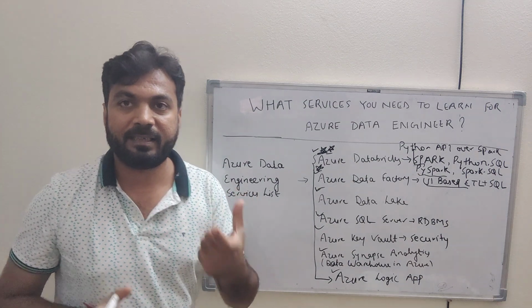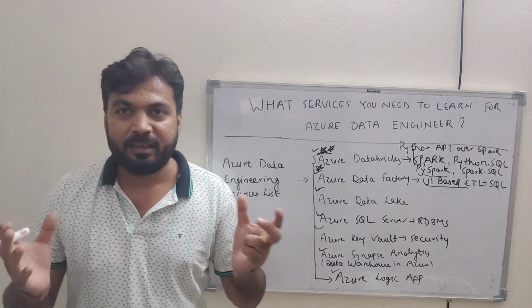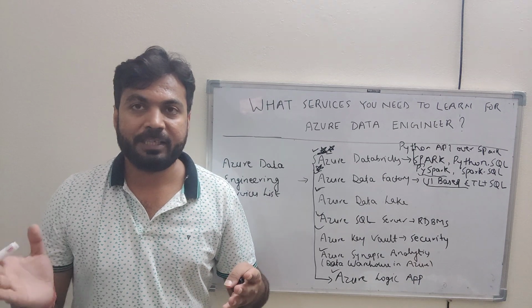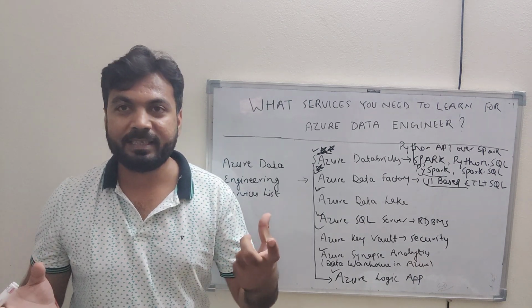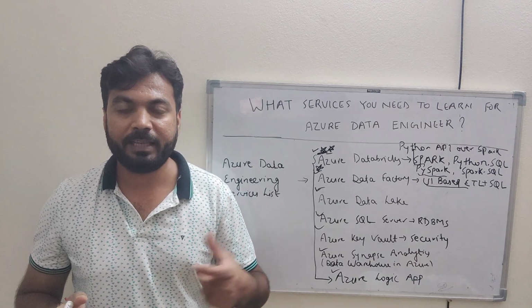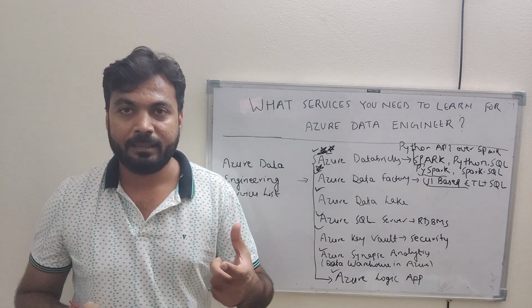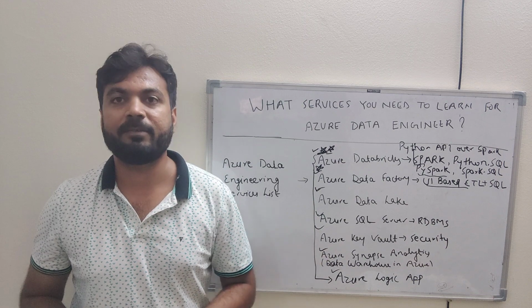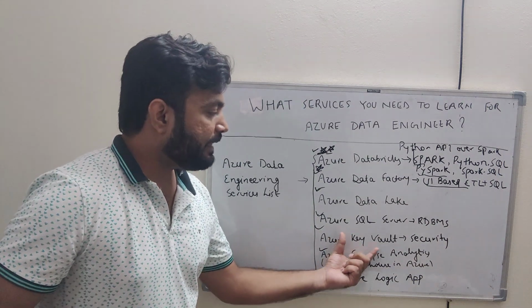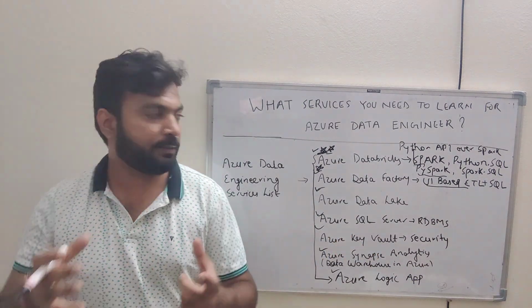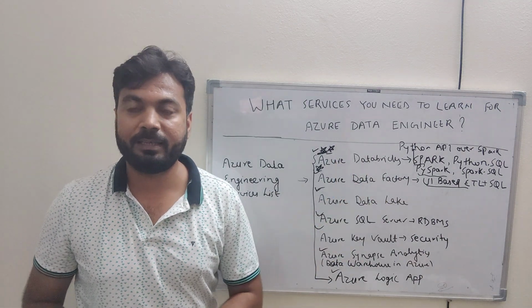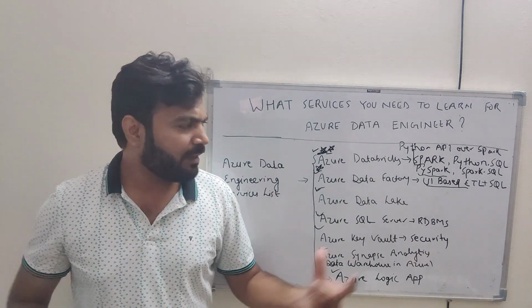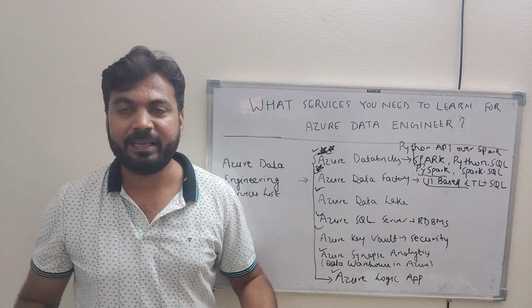If we write the secrets directly in the code, any new user that comes and sees our code will be able to see the secret as well, right? That is not a good practice. We can't expose our password or secrets to everyone. So we can store that secret in Azure Key Vault and use those secrets in Azure Databricks or Azure Data Factory. Again, I will be dealing with all these things in my later videos.